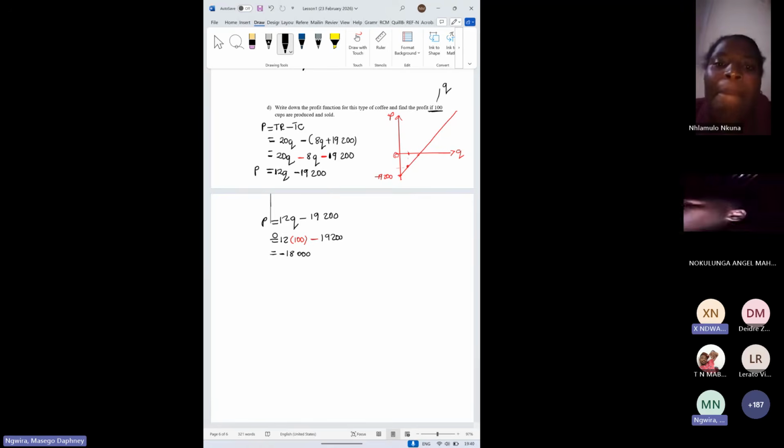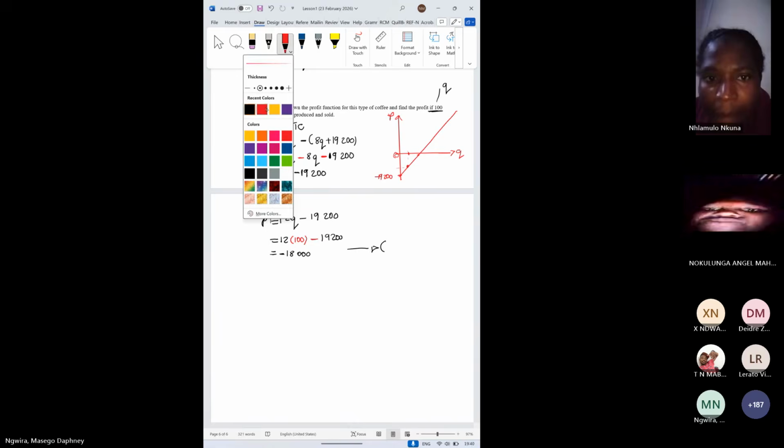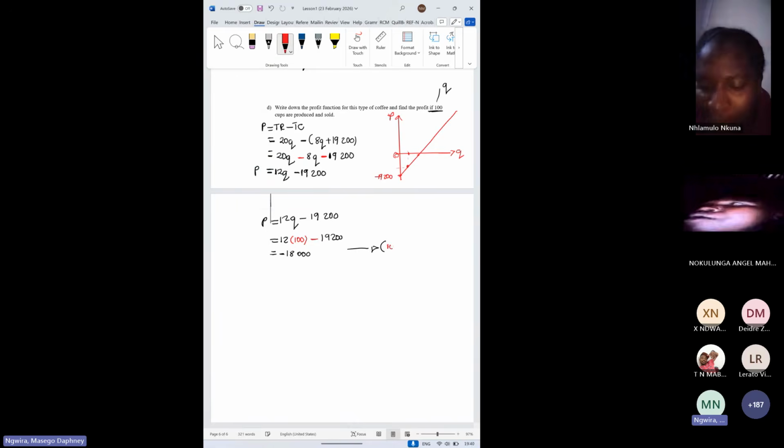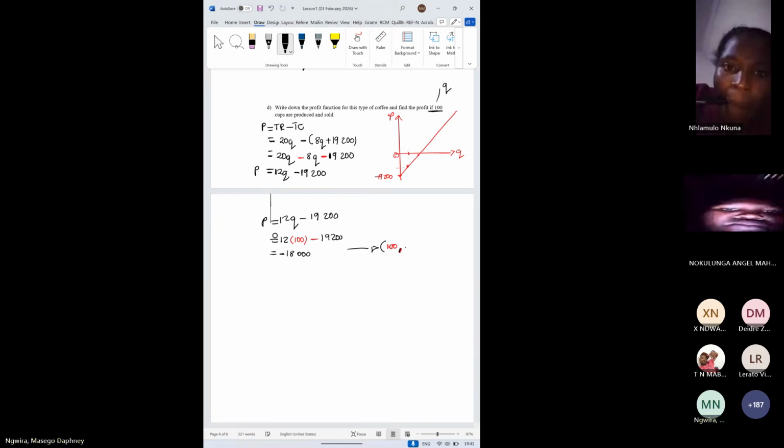So if I was to draw a graph, I was going to use these values. If I input 100, then my output, I will get a profit of minus 18,000.